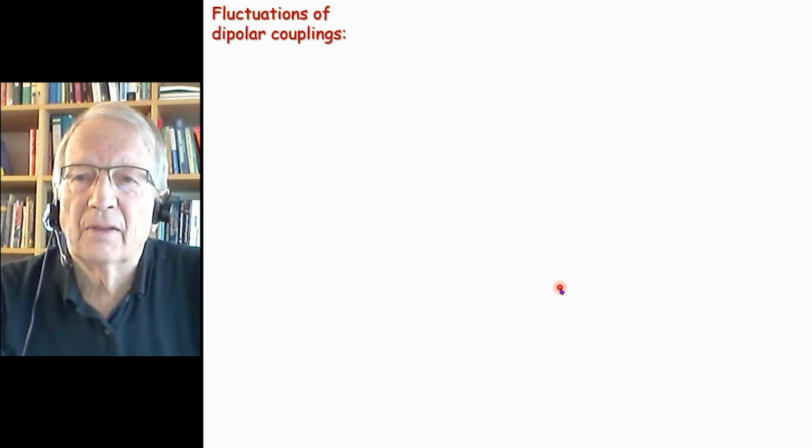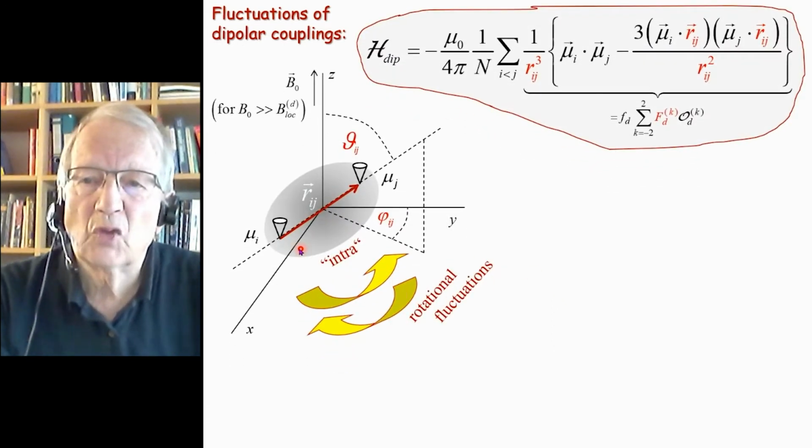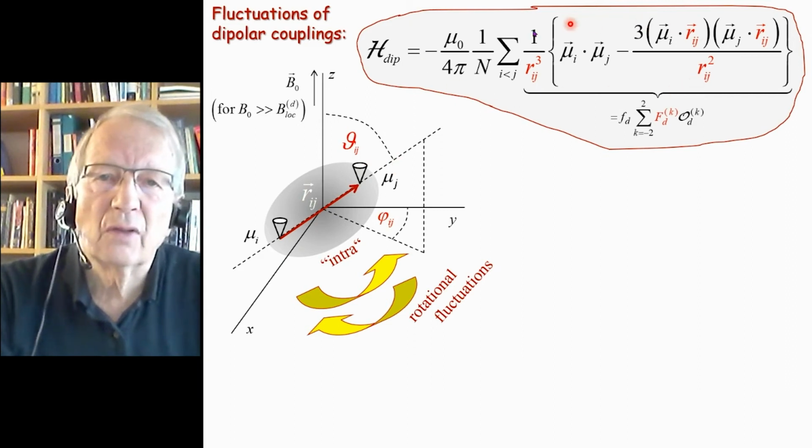Let's consider dipolar couplings, for example. So we have maybe two magnetic dipoles, dipolar coupled, and the Hamiltonian of this coupling is shown here.